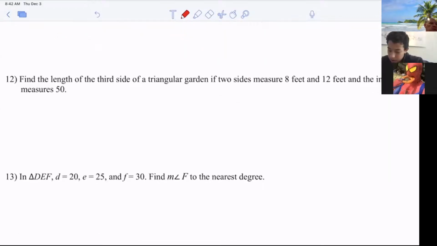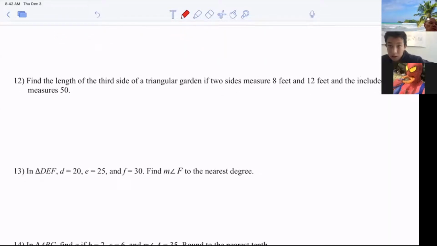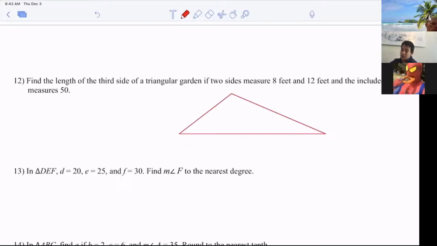All right, here we go. Find the length of the third side of a triangular plot if two sides and the included angle. If you have two sides and included angle, does it matter how you set it up? No. Well, try that again.